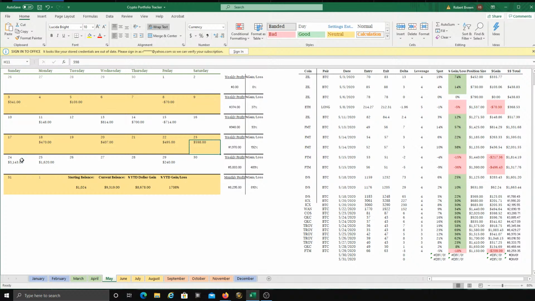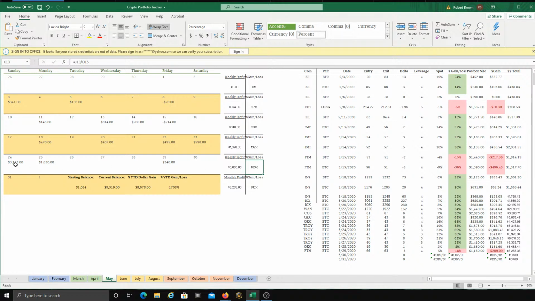Okay, so then, let's see. Then last week was killer. $5,000 profit that week alone. 489% gains up to this point on the month.